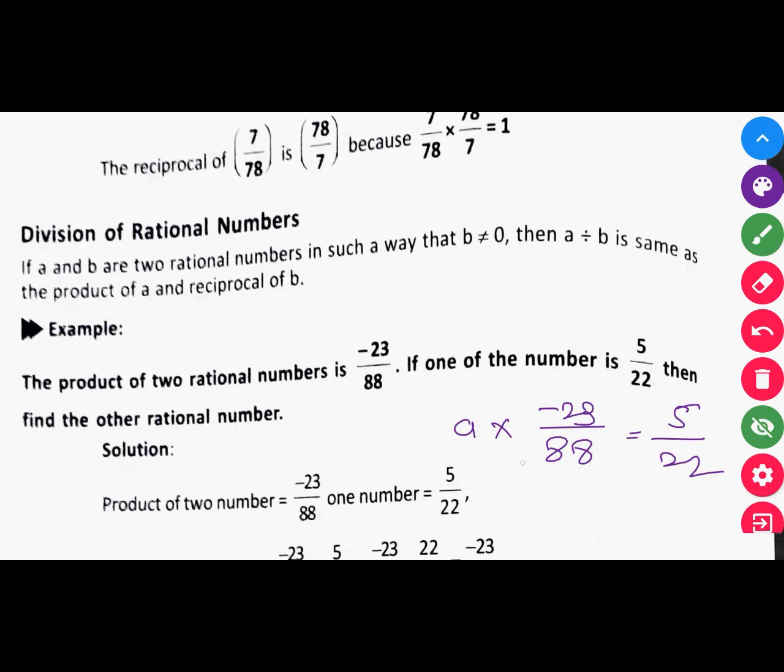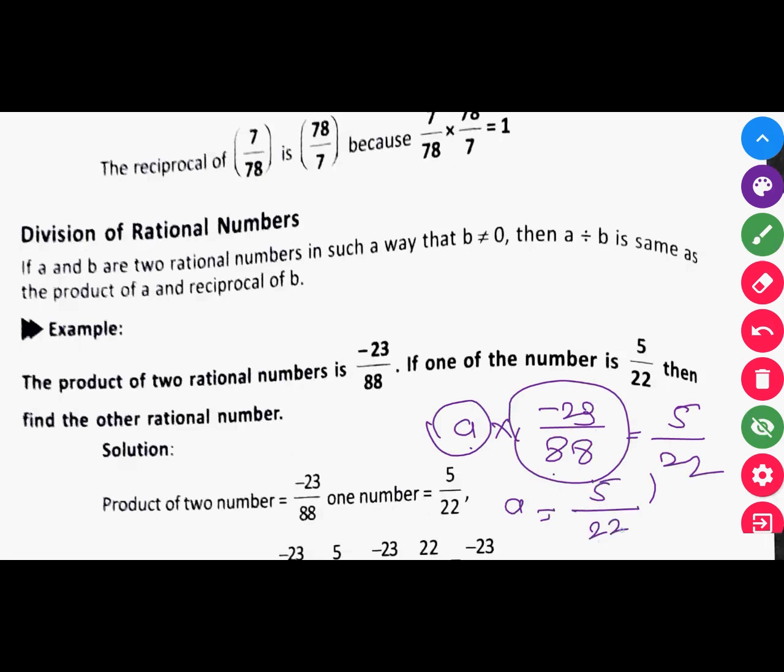Now this minus 23 upon 88 is in multiplication here. So while going to the other side, it will go to division.